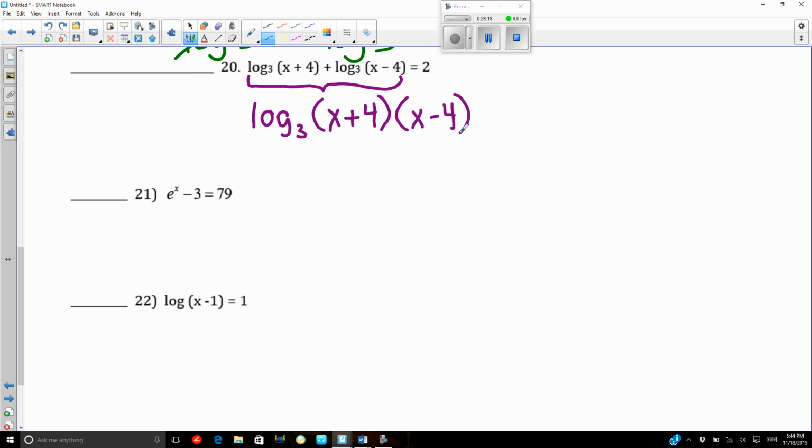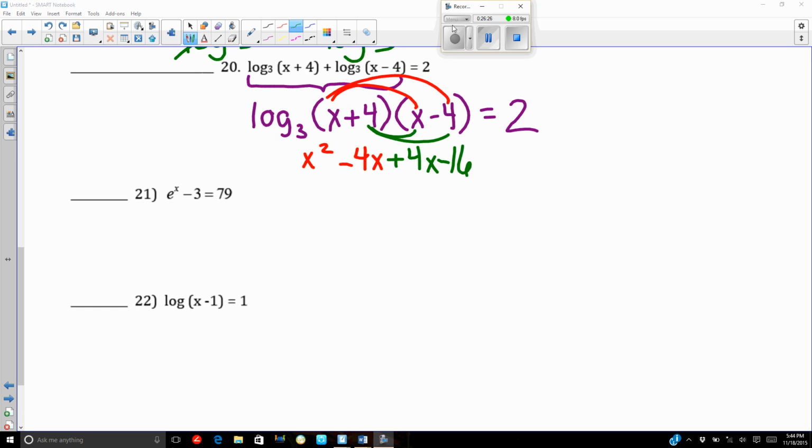Multiply x plus 4 times x minus 4. So x plus 4 times x minus 4 should just yield us x squared minus 16, because negative 4x plus 4x cancels out. So we've got log base 3 of x squared minus 16 equals 2.